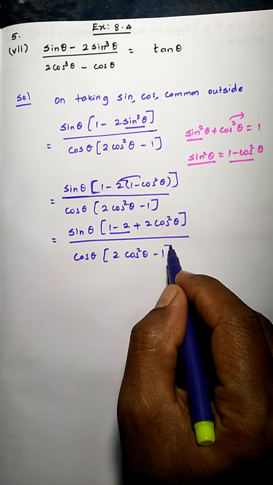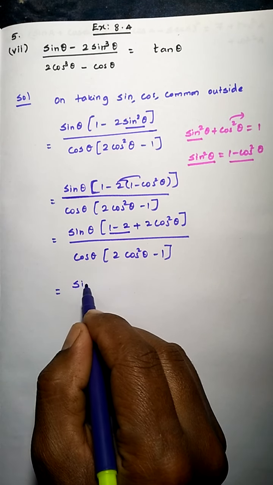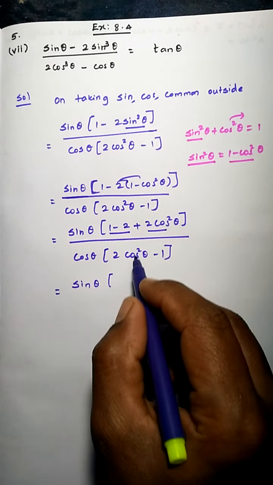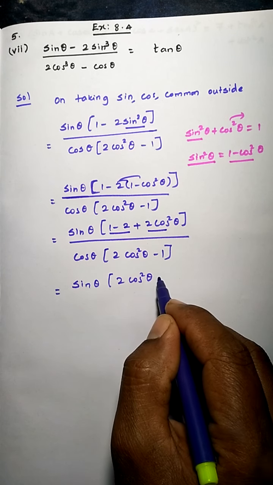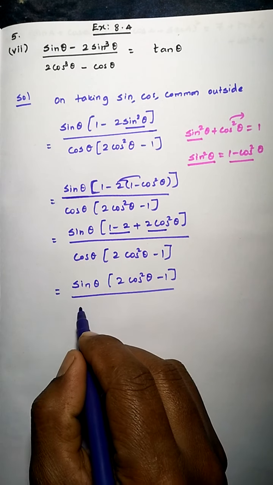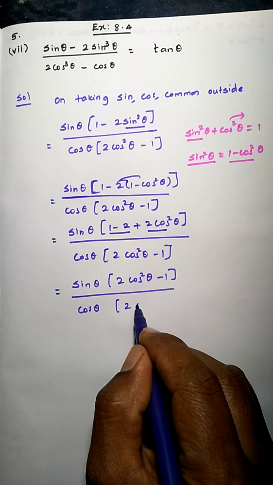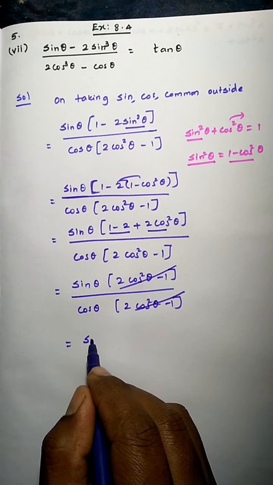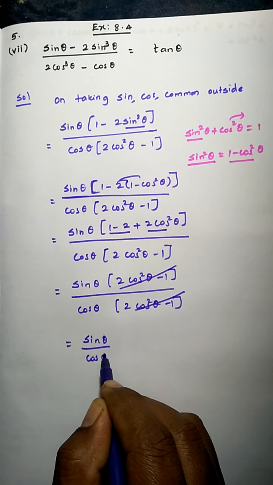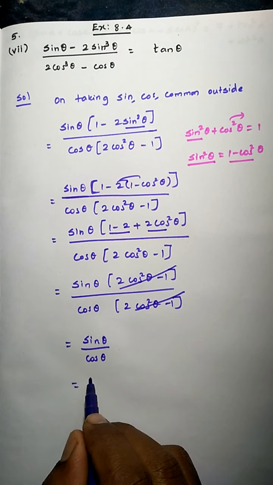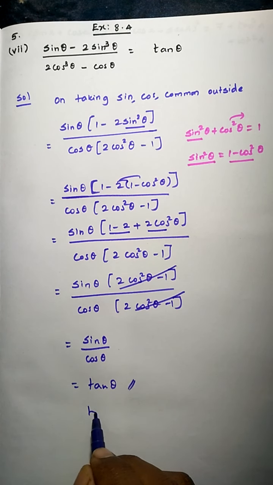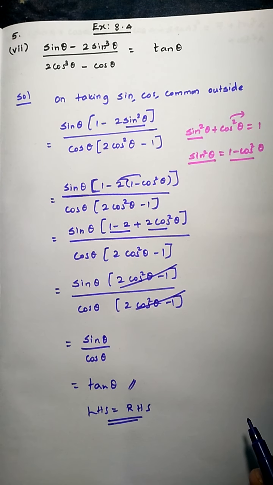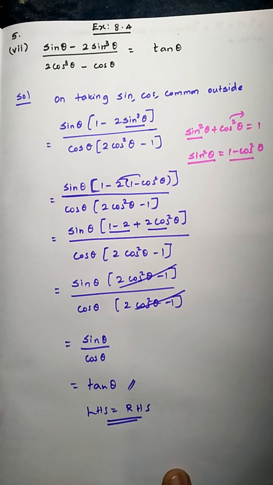Just subtract this: sine theta into 1 minus 2 you will get minus 1, or you can write this as 2 cos square theta minus 1 divided by cos theta into 2 cos square theta minus 1. This we can cancel, remaining sine theta by cos theta. We know the formula, sine theta by cos theta equals tan theta, hence LHS equals RHS. Okay, hope that you understand this. If any doubt, please put it in the comment section.